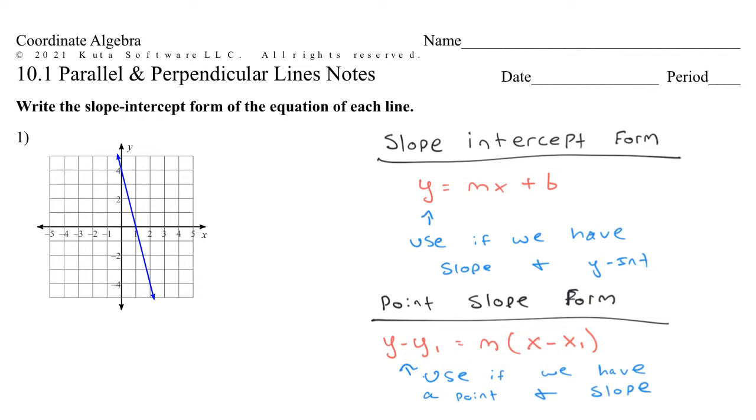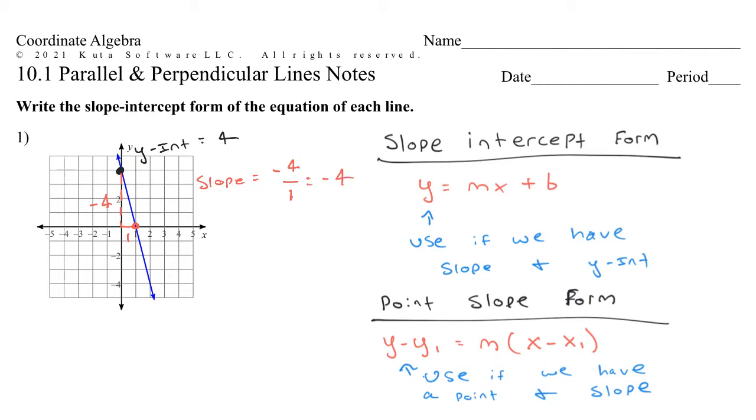So if we look at example 1 here, if I have this graph, I can see that the y-intercept is 4. And I can look at this and find the slope of it. So I have this point, and let's say we're going down 4 and we're going over 1. So my slope is -4 over 1, which is -4.